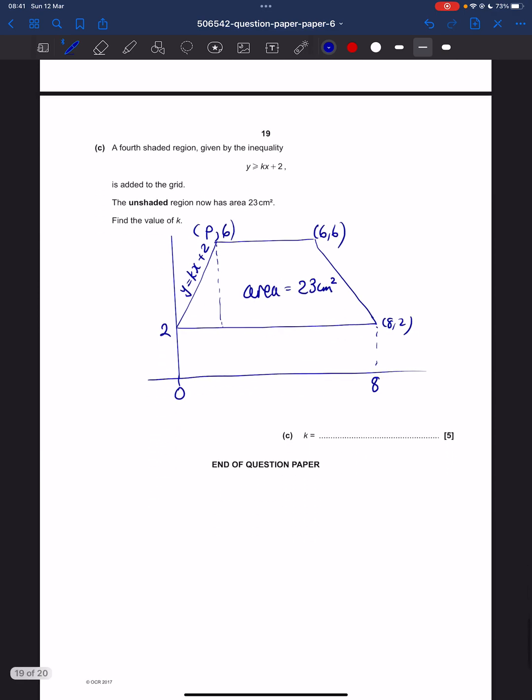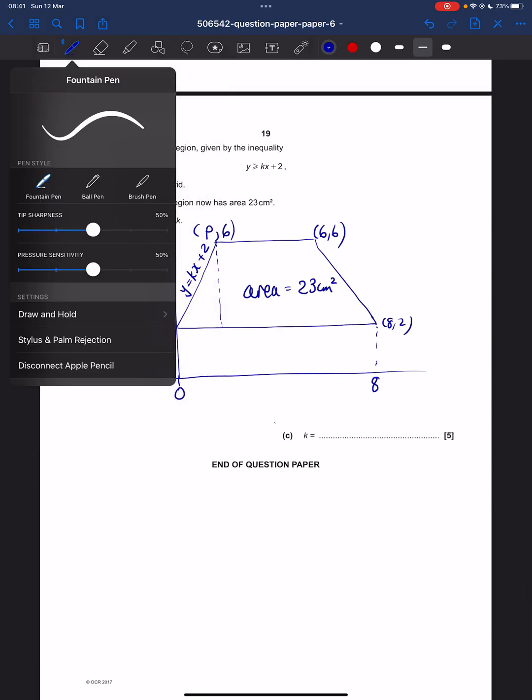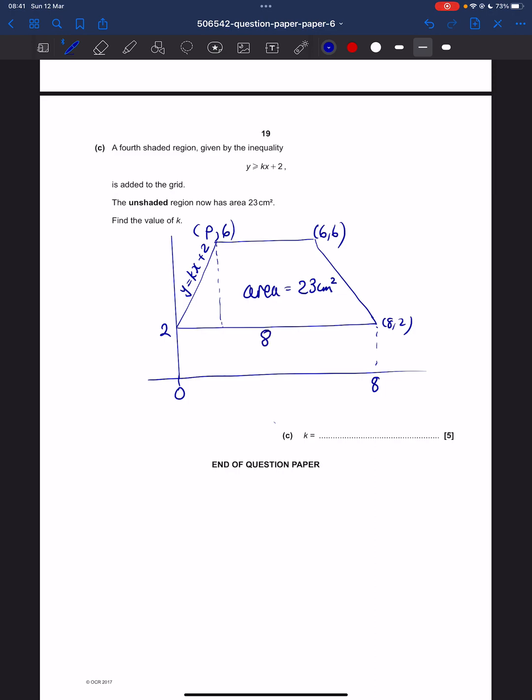When we've got a trapezium, that distance is 8. That distance is 6 minus p. And that 6 minus p comes from that 6 take away that p, because those 6's are for the height. It's the grey p's. The distance there is the change in x, so it's 6 minus p there.